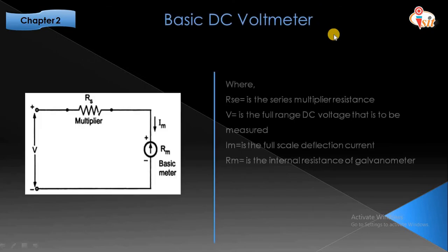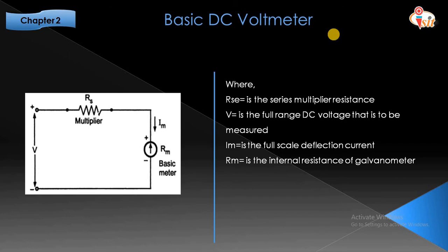This is the circuit diagram of the basic DC voltmeter. Here Rs, or Rse, is the series multiplier resistance. V is the full range DC voltage that is to be measured.